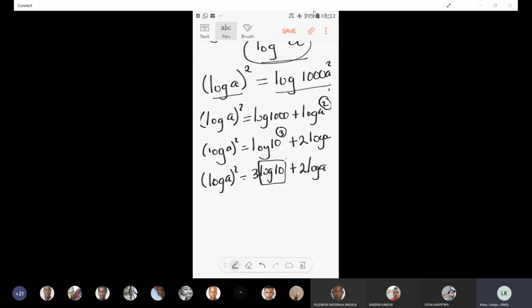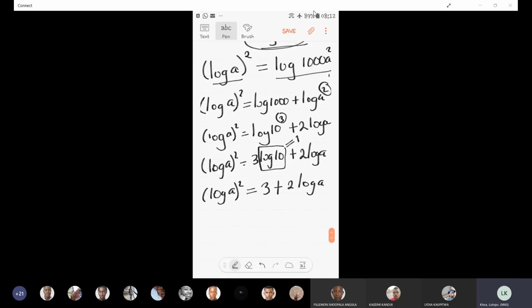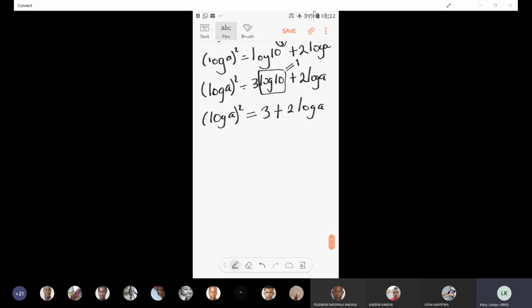And we said anything that you take log of to that same base, that is just equal to 1. So what I have is just log a squared is equal to 3 times 1, which is just 3, plus 2 log a.